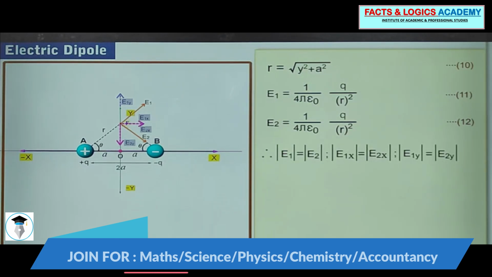Since E1 and E2 are of equal magnitude, E1x and E2x will be equal. Similarly, E1y and E2y will be equal. We also observe that E1y and E2y are oppositely directed and so cancel each other. Therefore, at the point F, the resultant electric field strength E is equal to E1x plus E2x. Let us label it as equation 13.